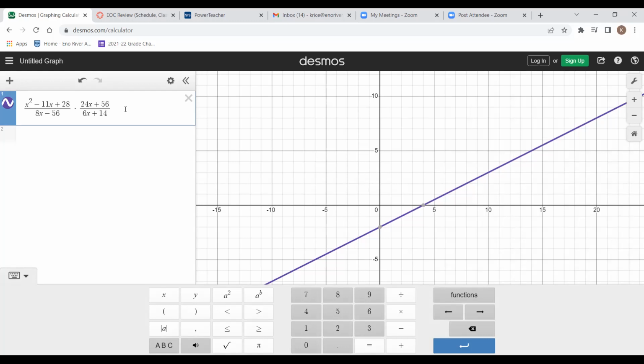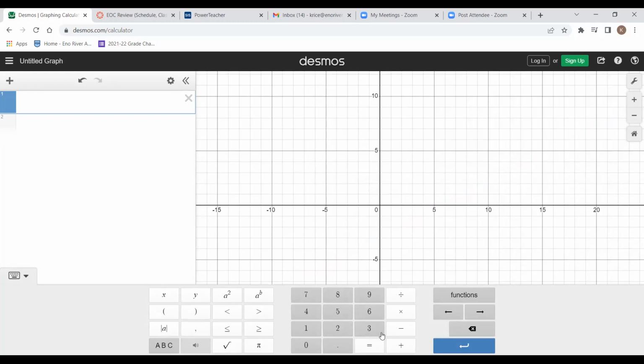74 says to find the positive root. Okay, find the positive root of 1 over x minus 1.